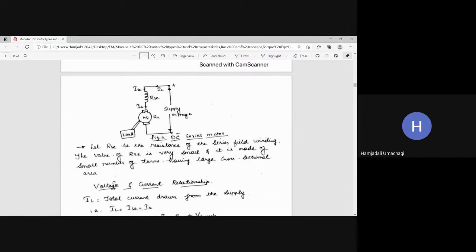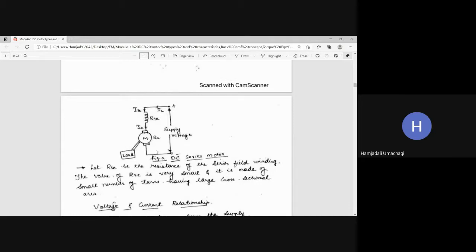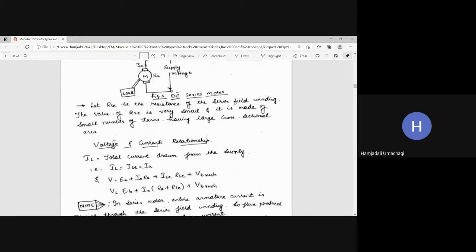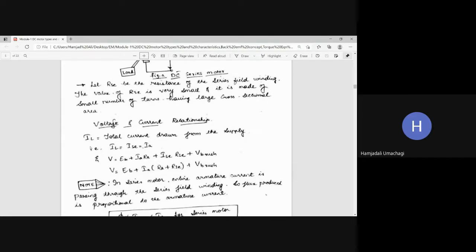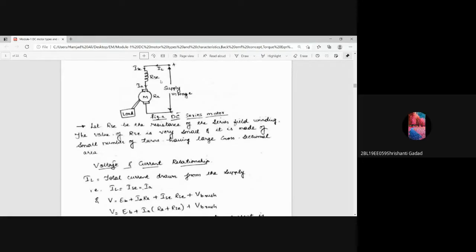Now, after drawing the circuit diagram and explaining the field winding, we should write the voltage and current equations, that is, the voltage and current relationships. All these equations you are supposed to write. So IL, what is this IL? Can anybody say?